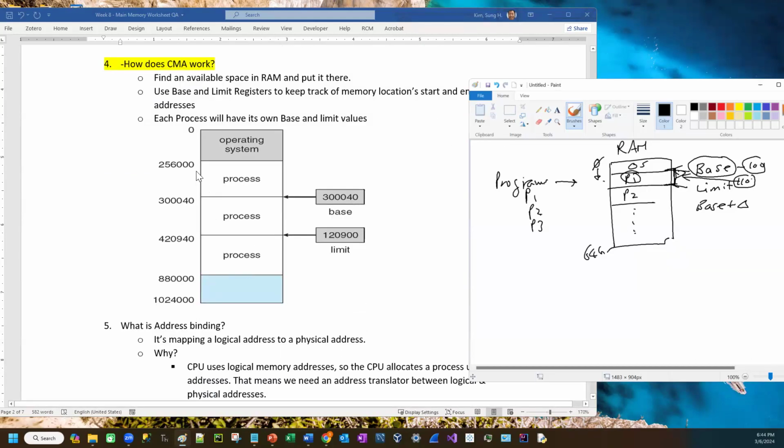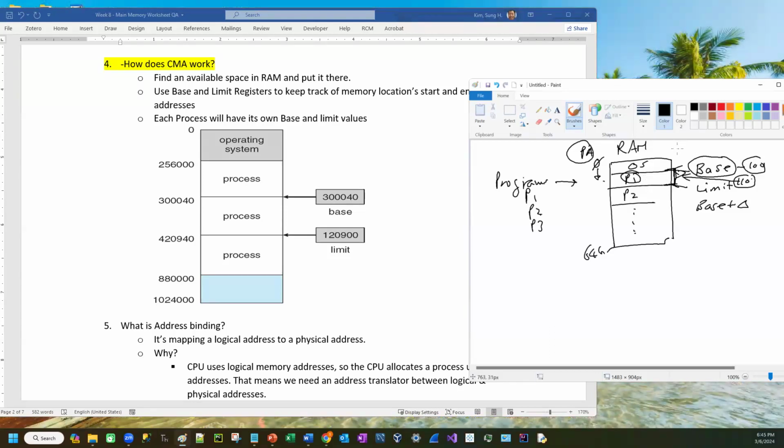But anyway, so these right here are the physical addresses, right? So here we have the physical address right here. And then here, although we could be referring to the physical address, a lot of times what we do is we use a logical address. So we can call that a 0, or whatever we want to call them.